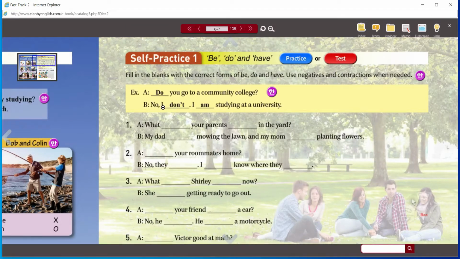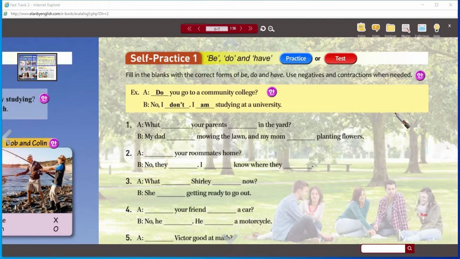We could not write the words do not because we're looking just for one word. So sometimes, as it says here, you'll want to use contractions when needed. So in this case, a contraction, okay, taking two words and making it one, you'll have to use it at that time.